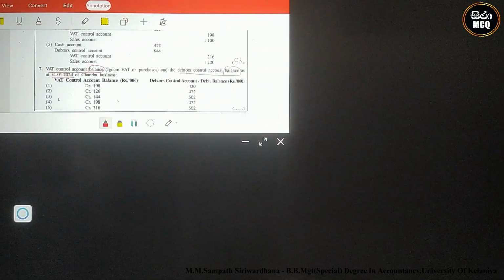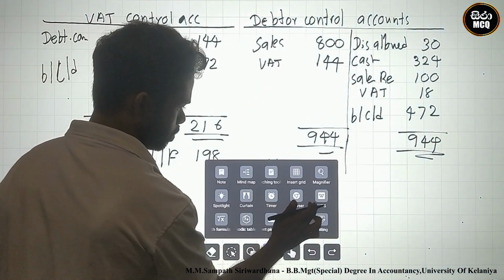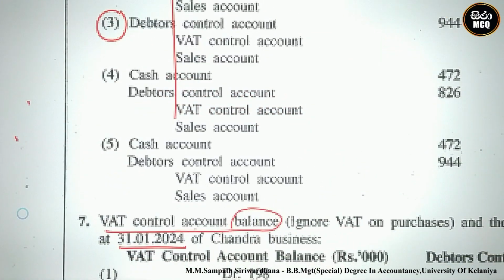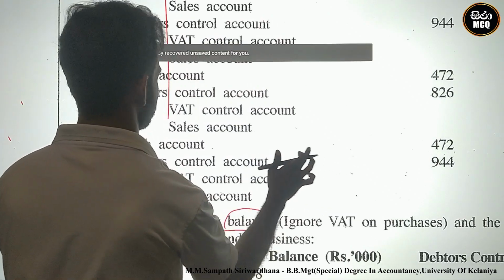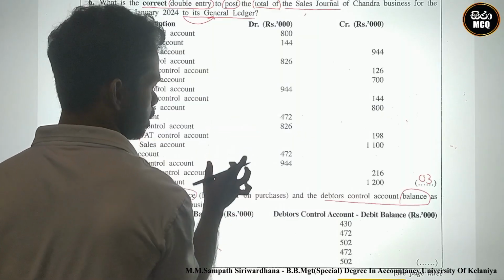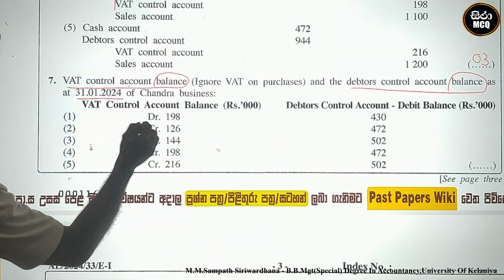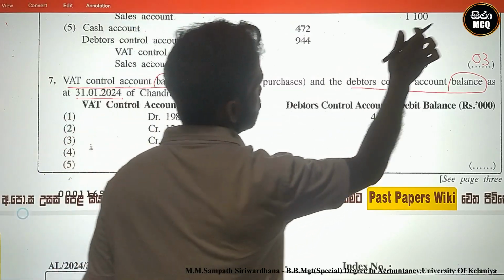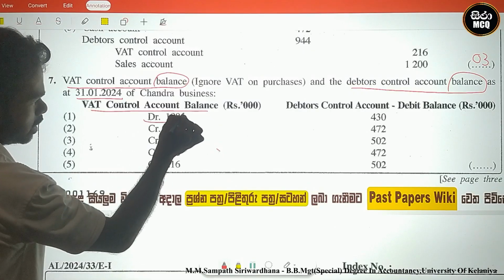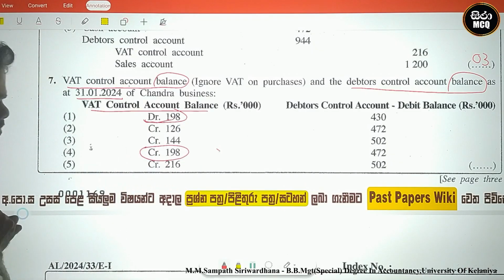Sorry, question number 7. 198, this is the answer: VAT control account balance 198 credit balance.